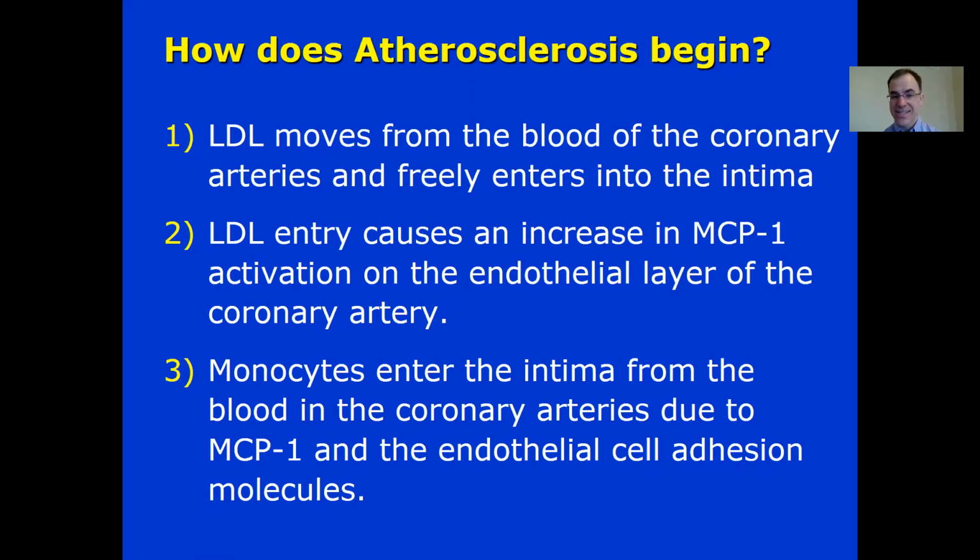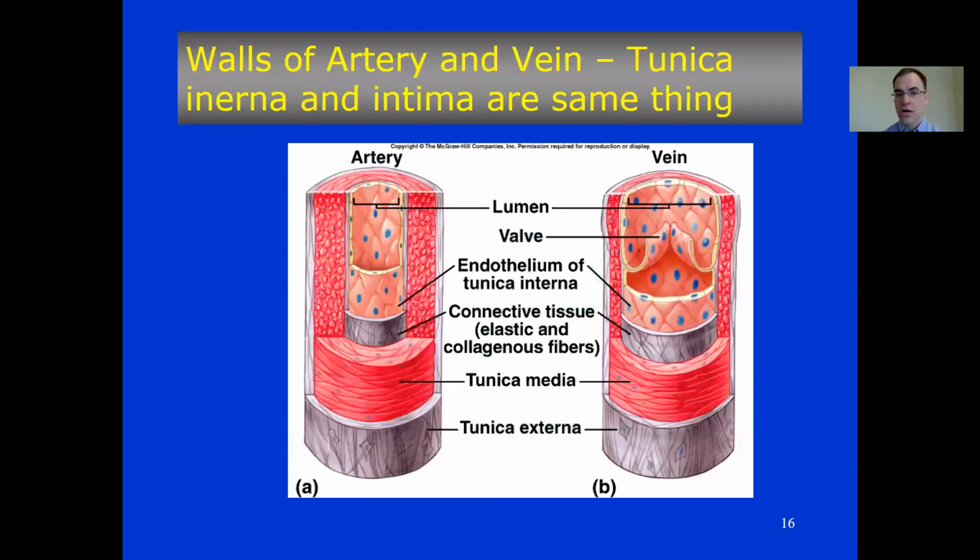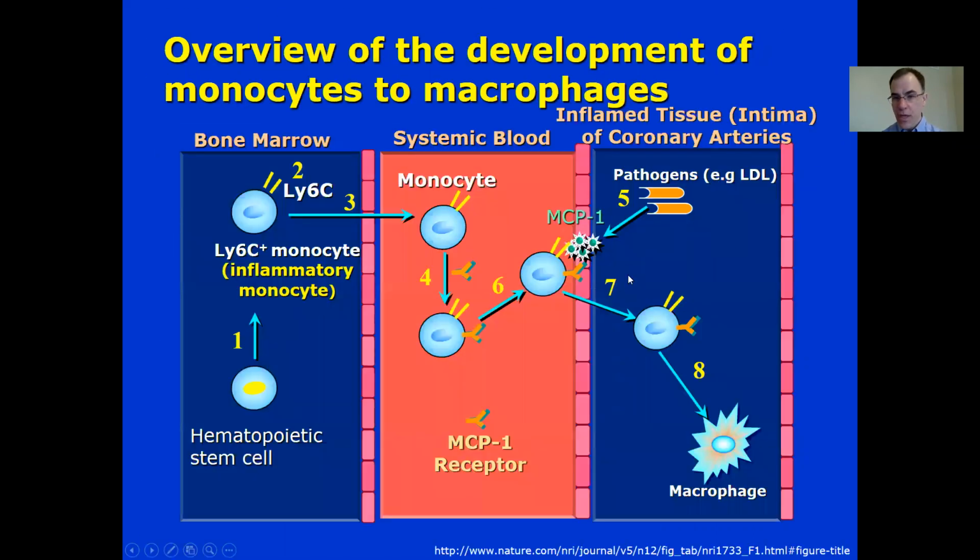Also, the monocytes enter the intima from the blood in the coronary artery due to MCP1 and the endothelial cell adhesion molecule. So this is a little bit more detail as to how MCP1 attracts or gets that monocyte into the intima of the coronary artery before it becomes a macrophage. So we're really going to talk more in detail, essentially about steps 5, 6, 7, and 8 here.